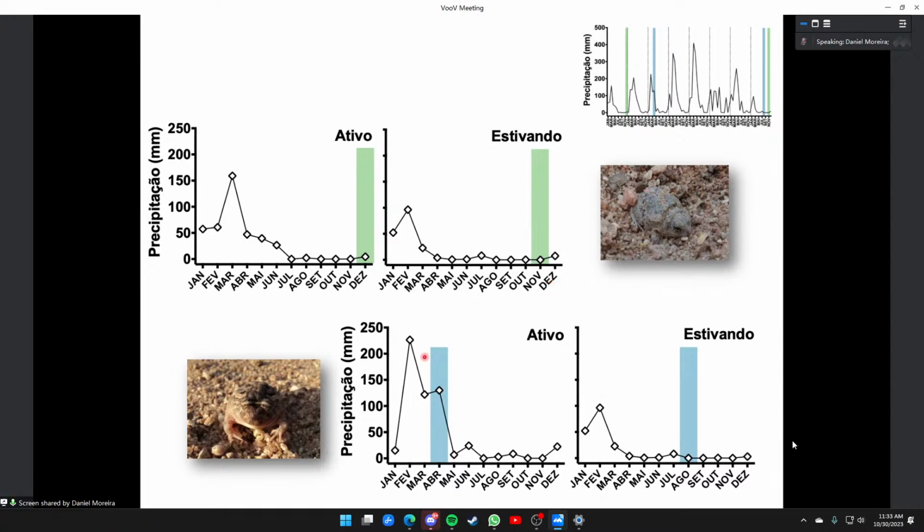Another set was Proceratophrys cristiceps animals that were active. And the last group were animals that were estivating during the dry season. So we have 4 groups, 2 species, and 2 metabolic states at different years of collection.